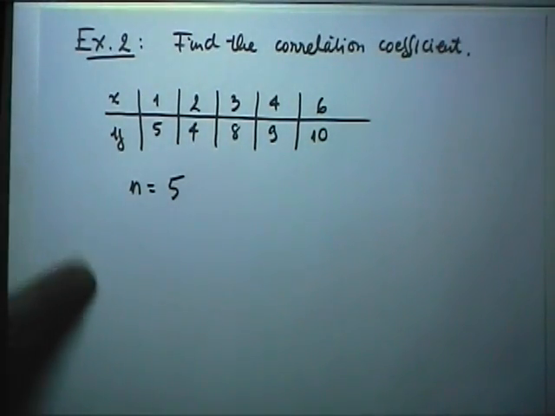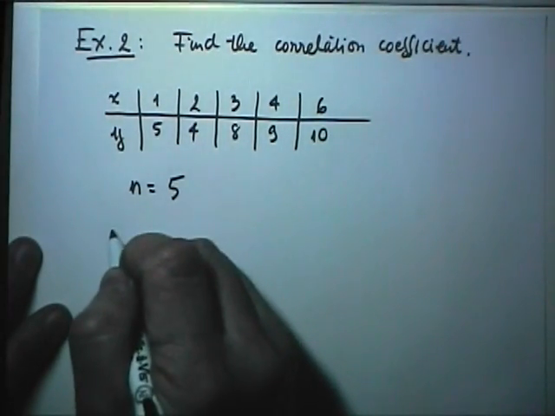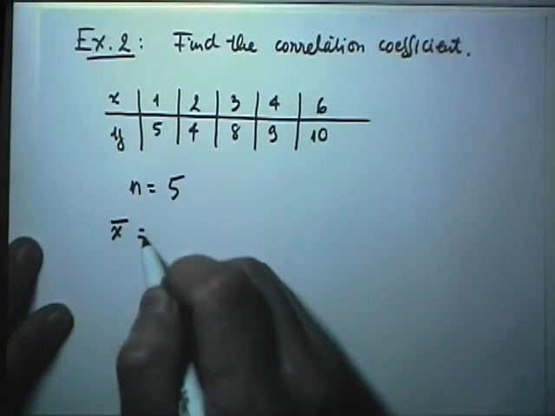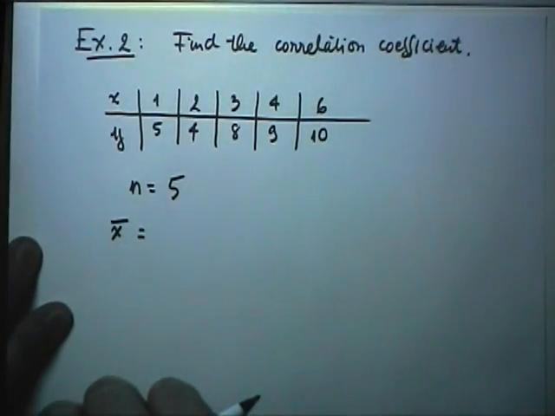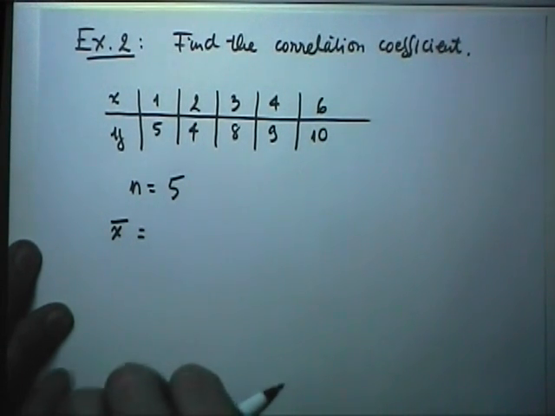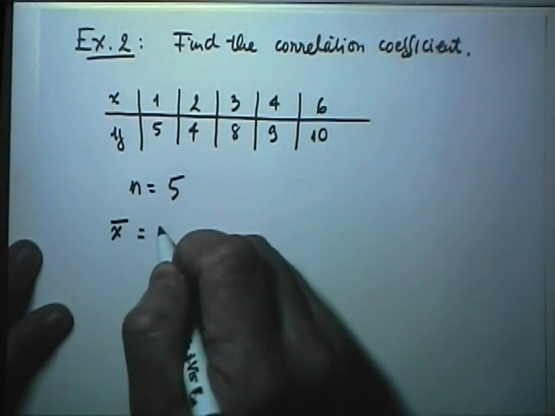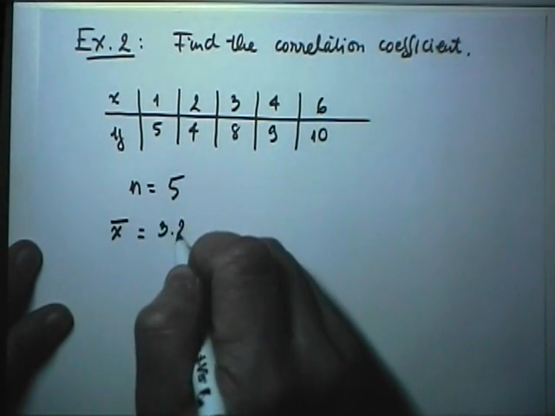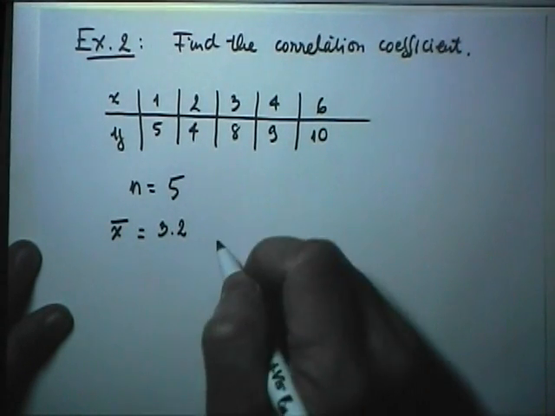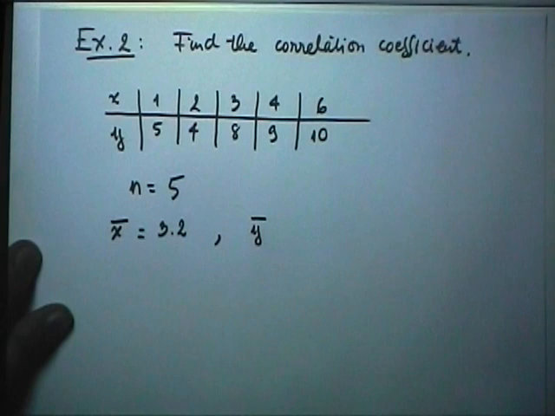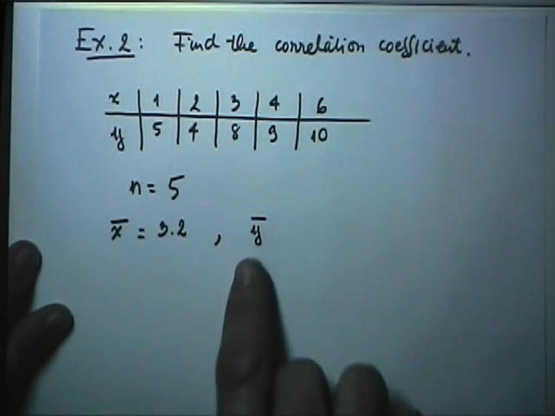And then for my x, the mean for all my x values is going to be, once again, you can always pause this video here and compute the mean yourself while I'm doing it. According to my calculations, my mean value for the x is going to be 3.2. And also I need to find the mean for all the y values.